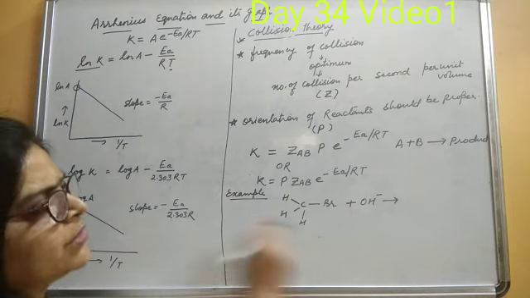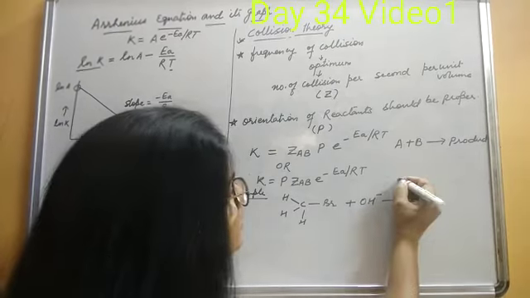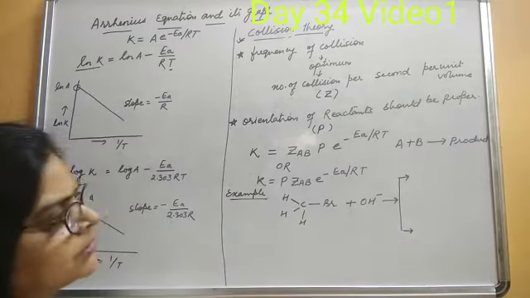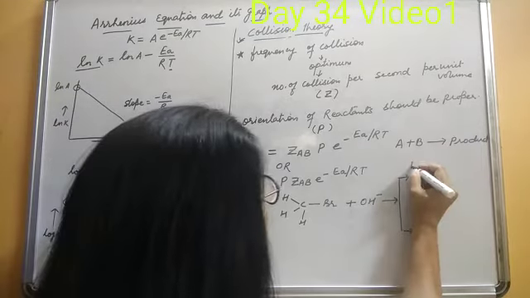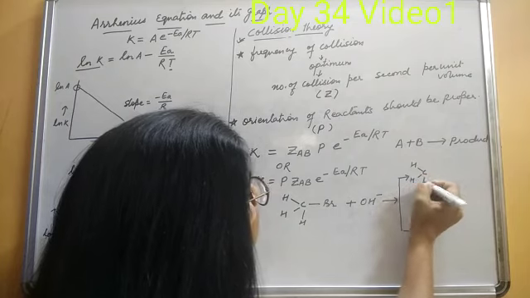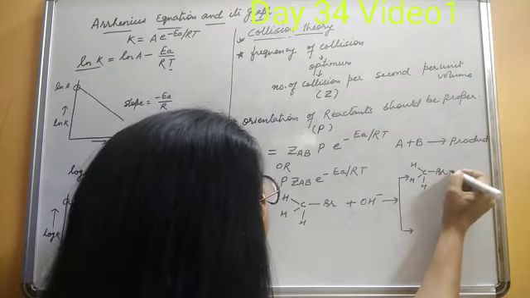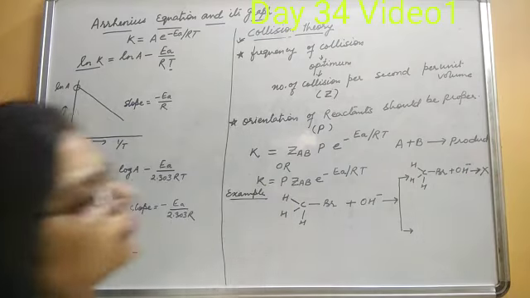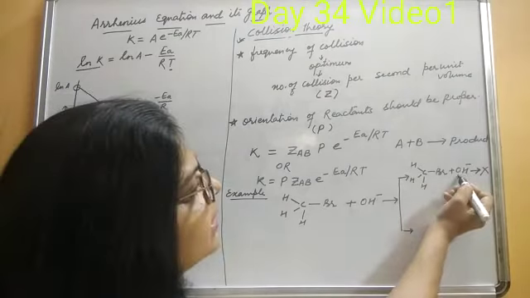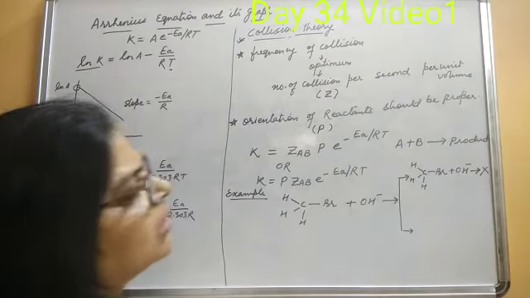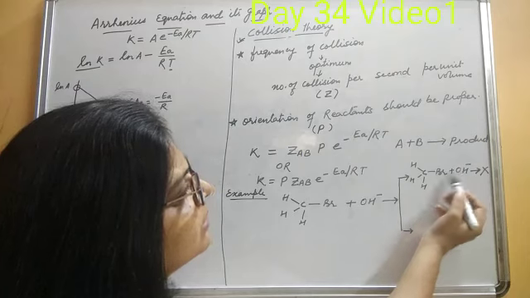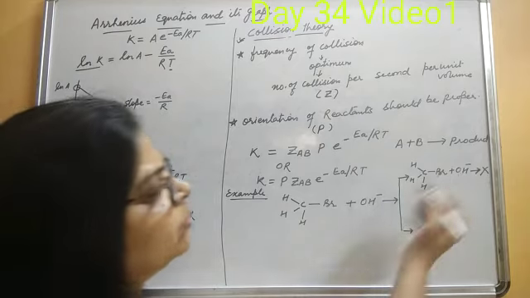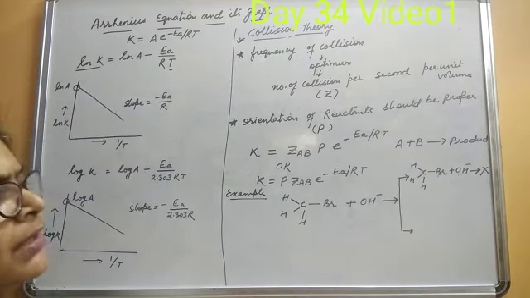When they react together, there are two ways of their orientation, and we have to check which is proper. If the orientation is like this and collisions are going on, then no product will be formed, because OH negative ions have to form a bond with the carbon. If they collide with the bromide group, it has not to make a bond with bromide, it has to make a bond with the carbon atom.